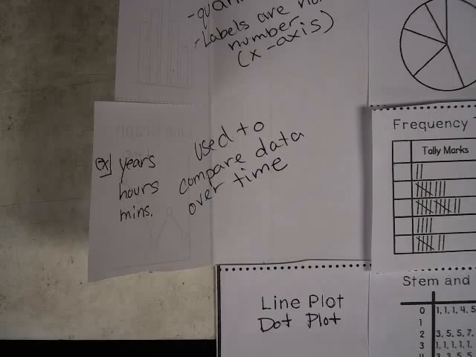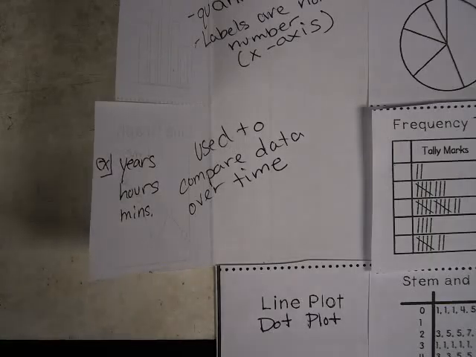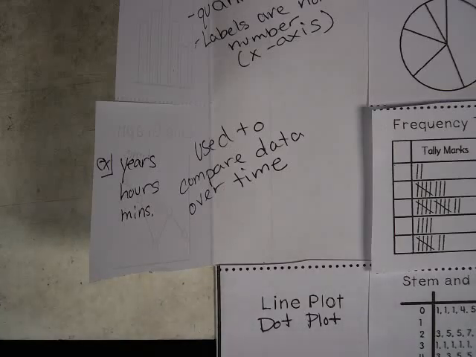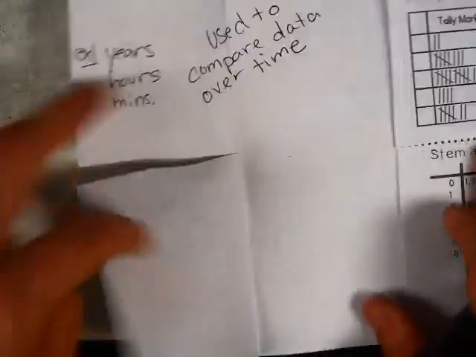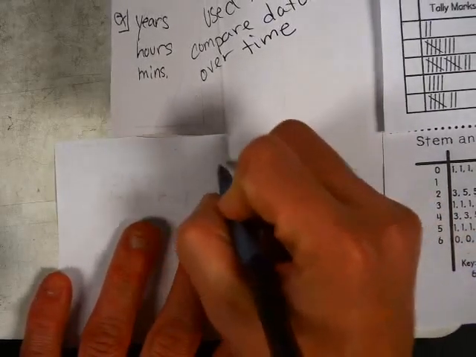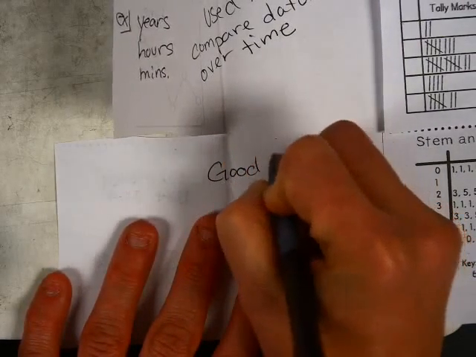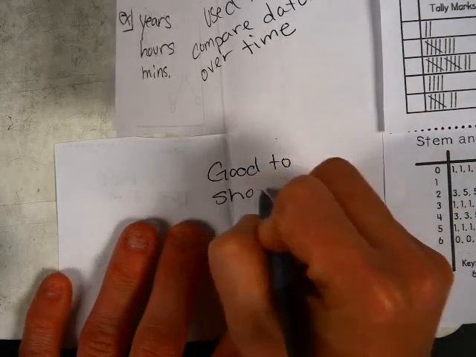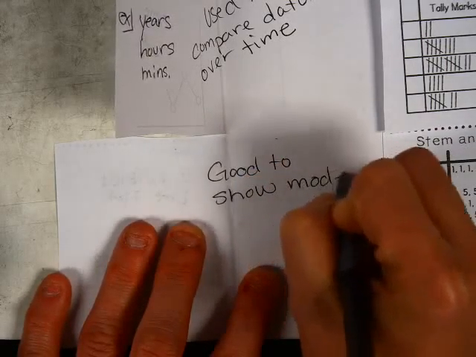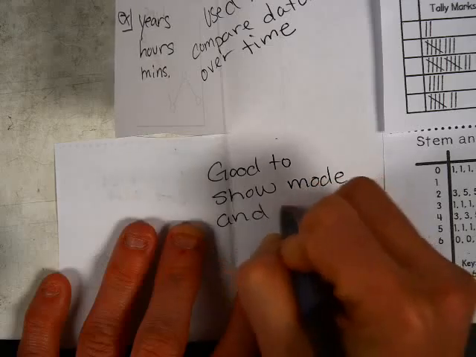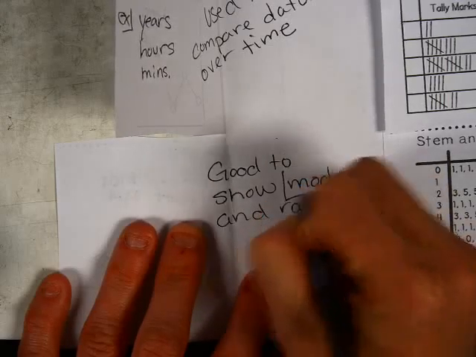Then the next one, the line plot, is really good. We talked about this the other day. This is really good to show mode and range, but particularly mode.